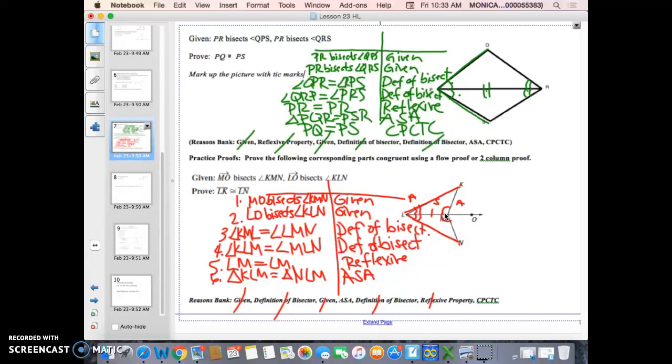And so then the last thing is I have to do my proof, which is that LK equals LN, and of course I'm going to use CPCTC because corresponding parts of congruent triangles are congruent.